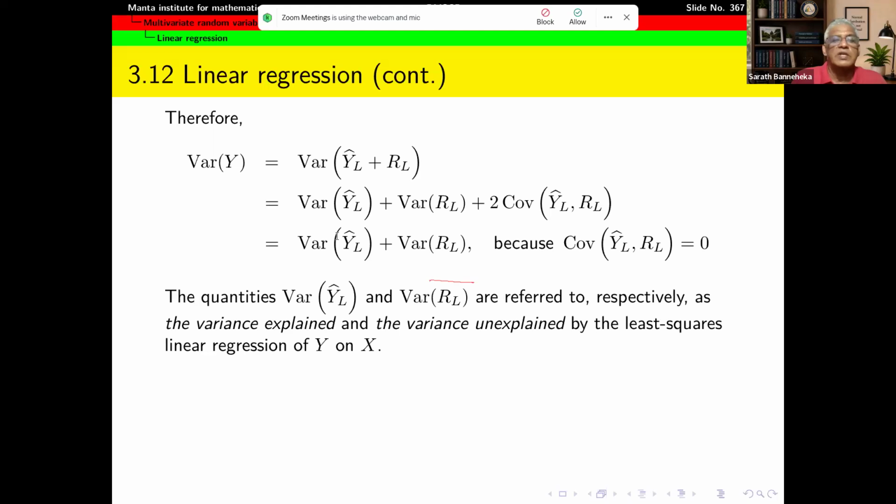So this is the variance explained by the least squares linear regression. This is the variance unexplained by the least squares regression line.